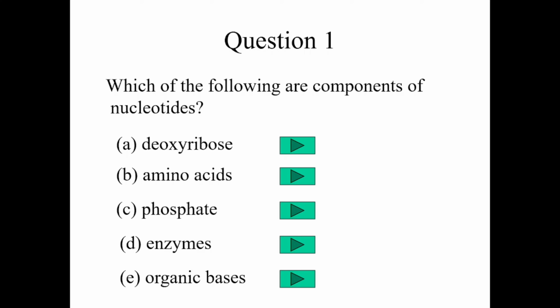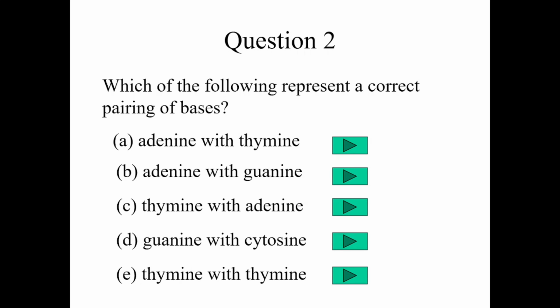So there are questions for you. Which of the following are components of a nucleotide? You must answer and do it yourself. I will be giving you the answers in the description box. These are some questions. Which of the following represent the correct pairing of bases?